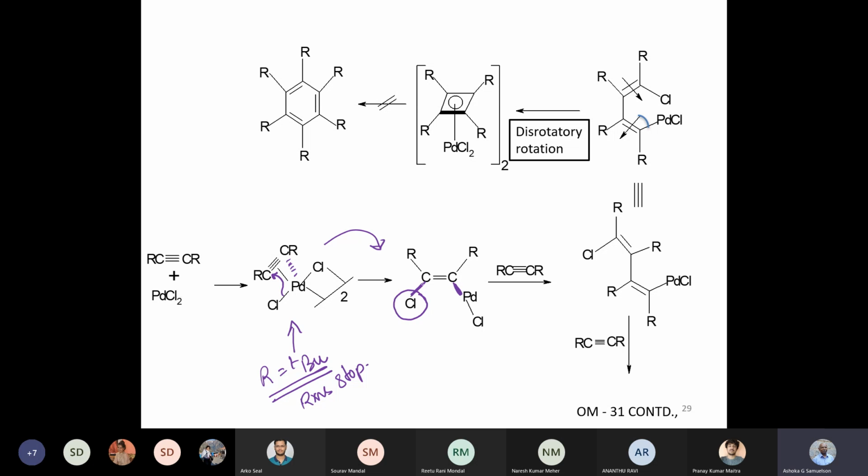Now, if I add on another alkyne, I can coordinate it to this palladium. And now I have a choice. I have a chlorine which can do an insertion reaction. I have a vinyl group which is also a one electron donor. The alkyne is a 2 electron donor.